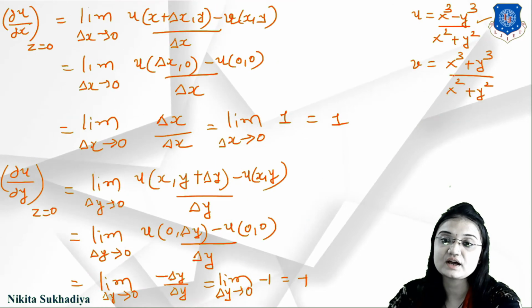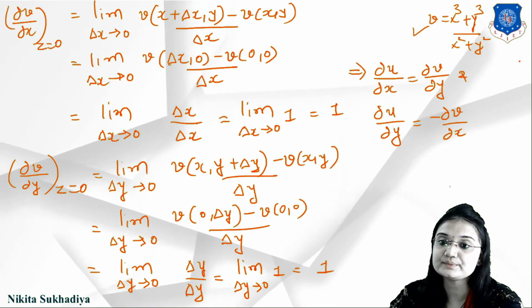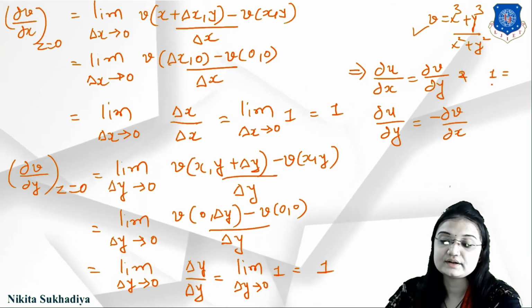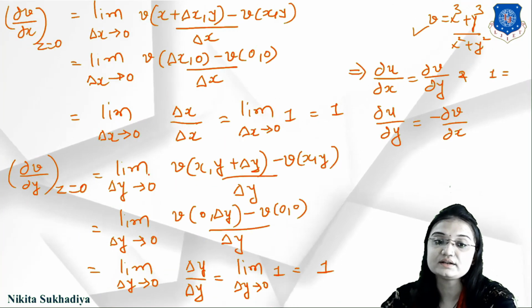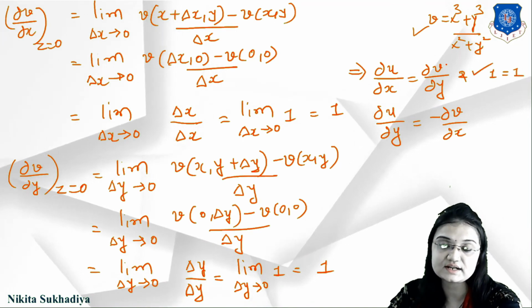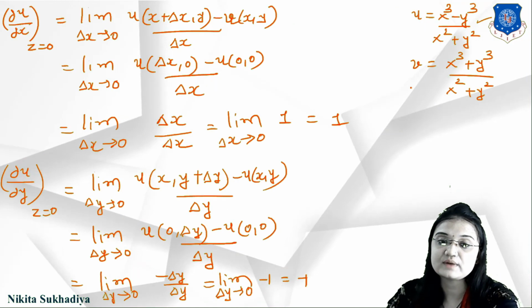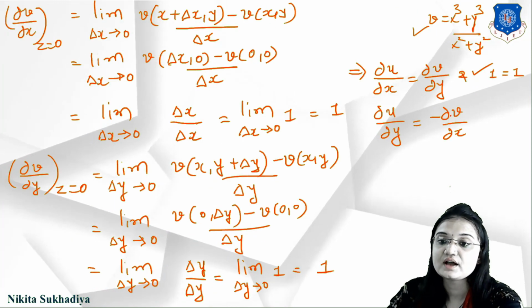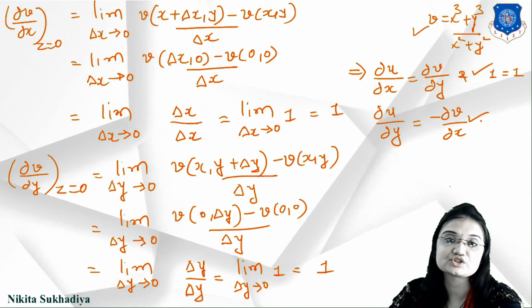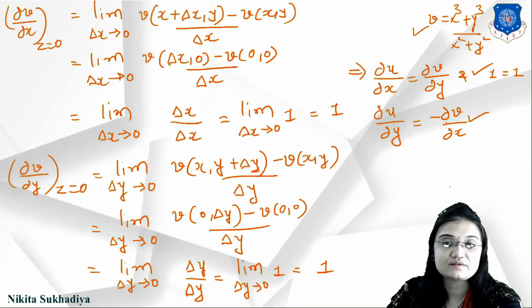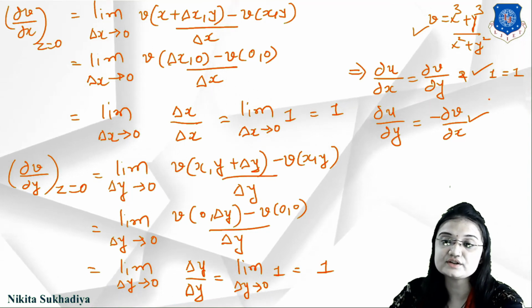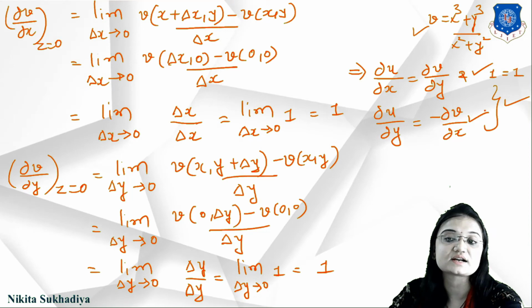Here del u by del x is 1, and del v by del y is also 1. So condition number 1 is satisfied. Second, del u by del y is minus 1, and del v by del x is 1. So this condition is also satisfied, because del u by del y is equal to minus del v by del x. So both conditions are satisfied.